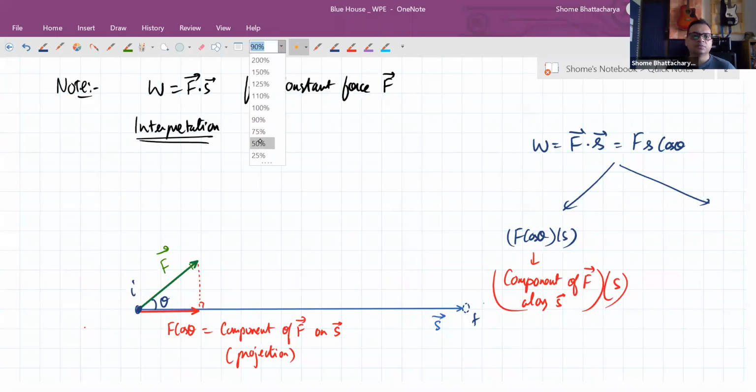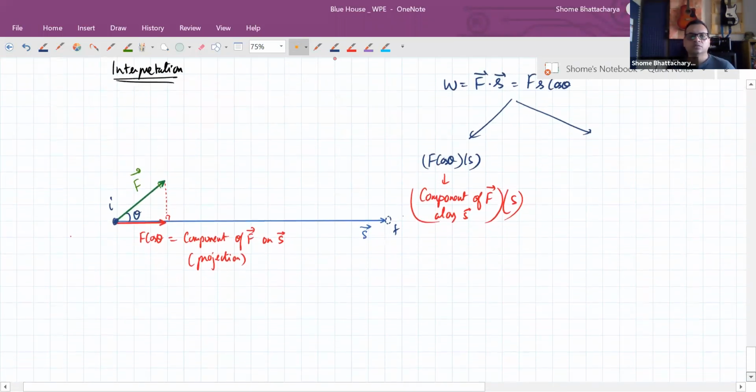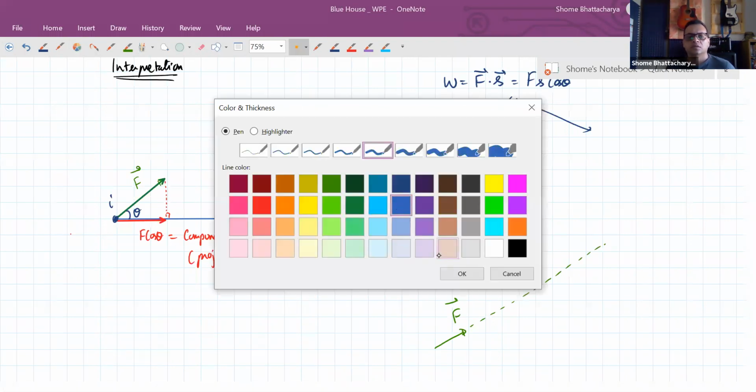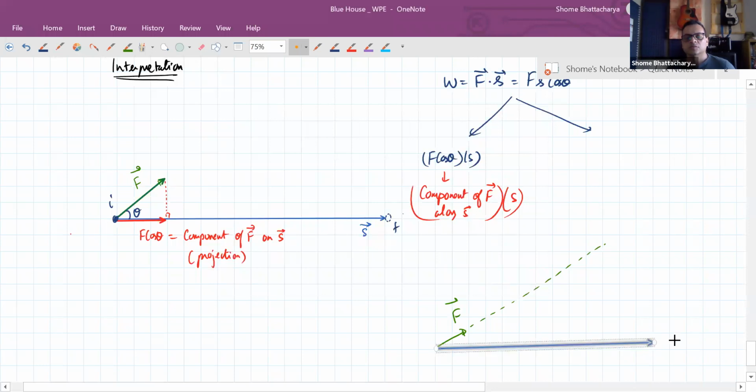Now the other interpretation of the same thing is that we could also think of it like, what is S cos theta over here? The force acting is this, and it's acting along this line, whereas the displacement, as you can see in the diagram, is like this now. Suppose the displacement is like this. This angle is theta.